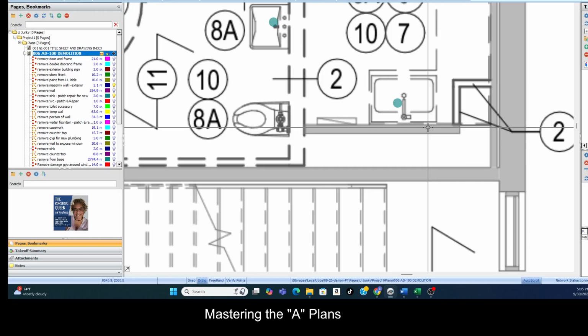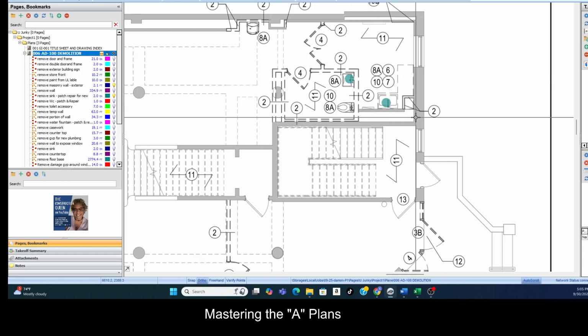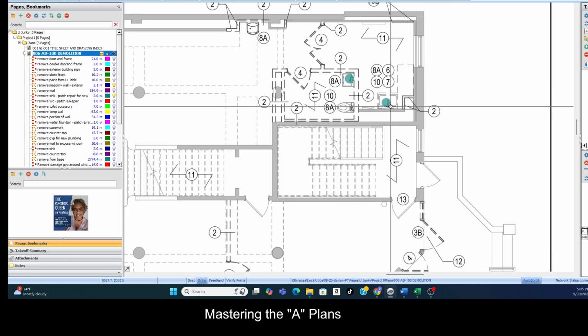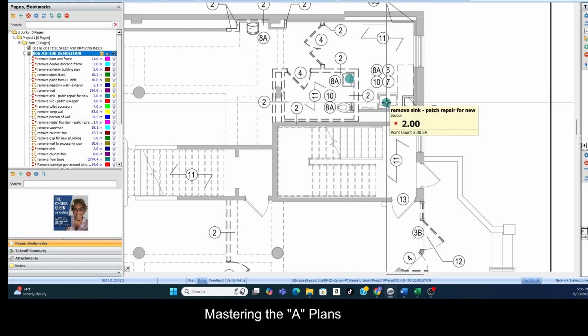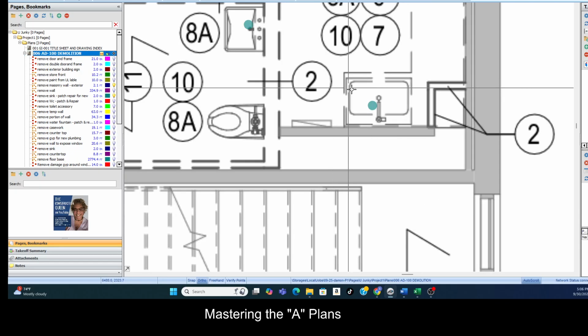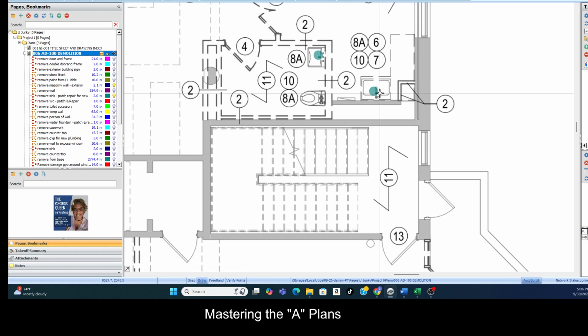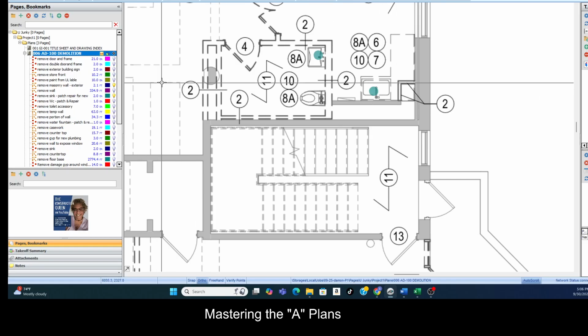And so I gave it 9 square feet of repair surface per plumbing fixture, and also, because you got to remove that and cap it when you remove the plumbing fixture, so that's included.